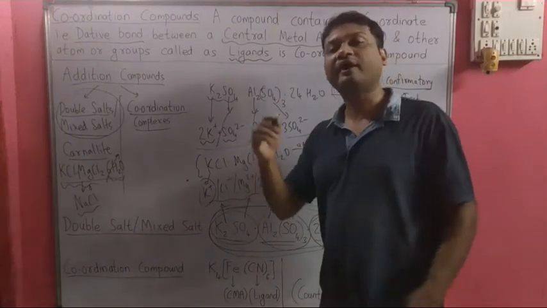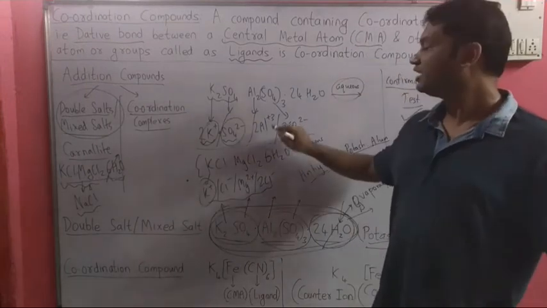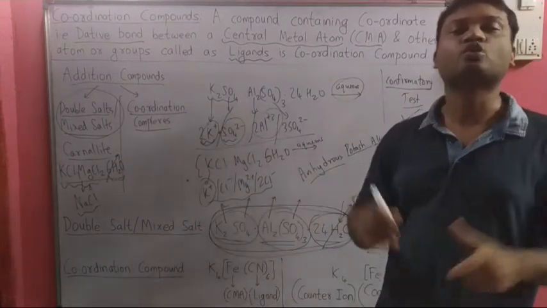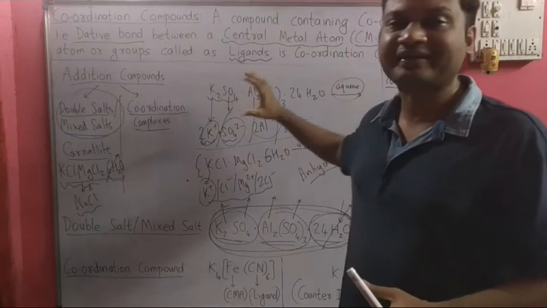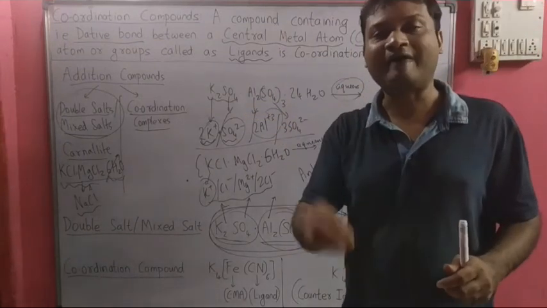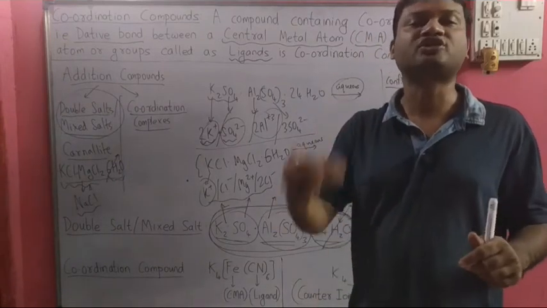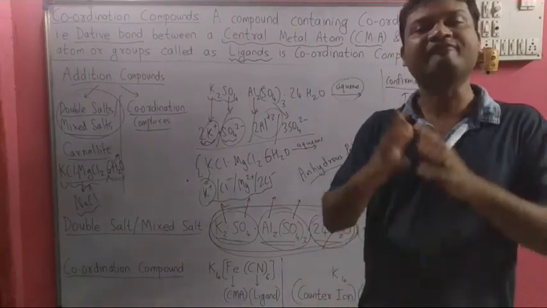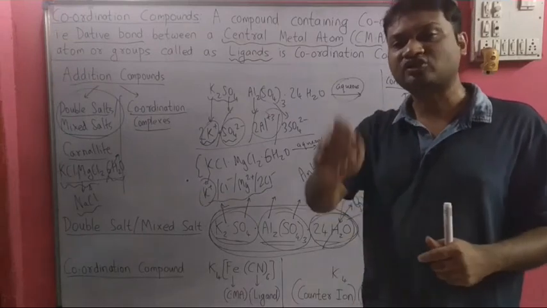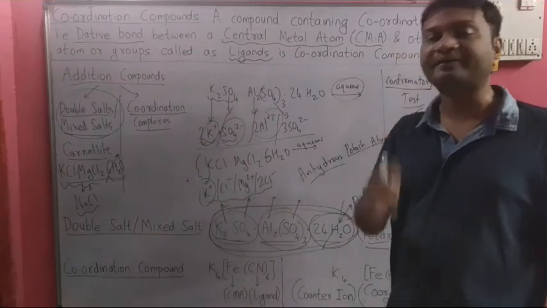Similarly, potash alum will give confirmatory tests for potassium ions, sulfate ions, aluminium ions, and so on. So this is the characteristic of a double salt. When a double salt is in aqueous solution, it will break down into its constituent ions, and we will get a confirmatory test for each and every constituent ion.